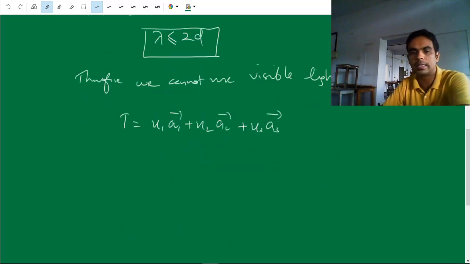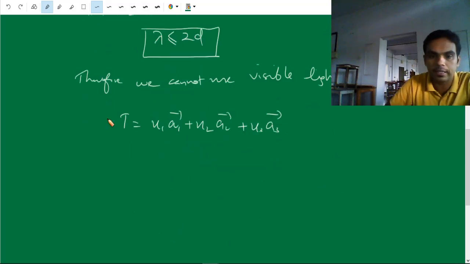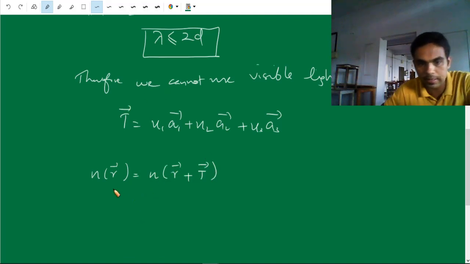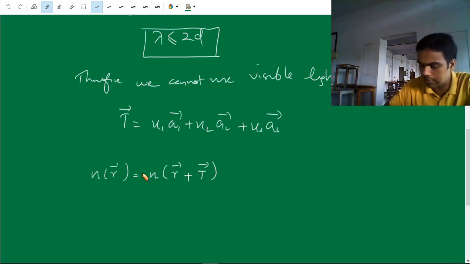Thus the electron number density n of r is equal to n of r plus T vector. Since n of r is periodic, we can write any periodic function as a Fourier series.